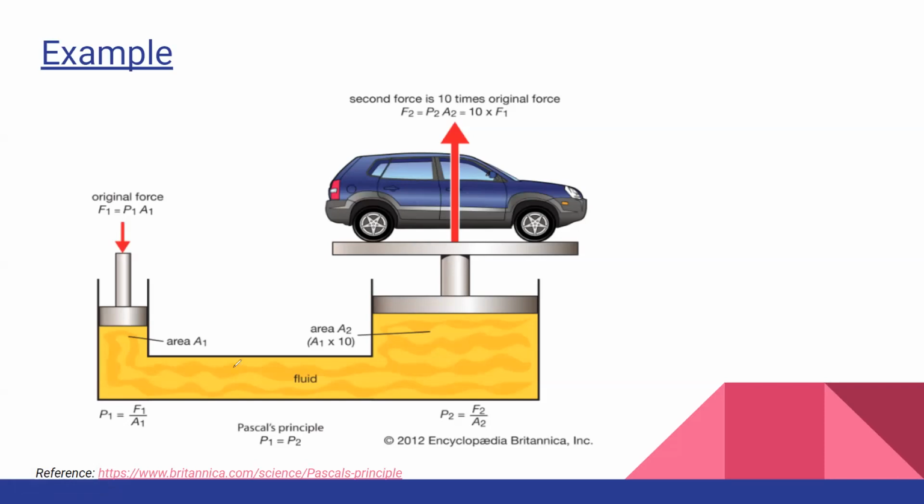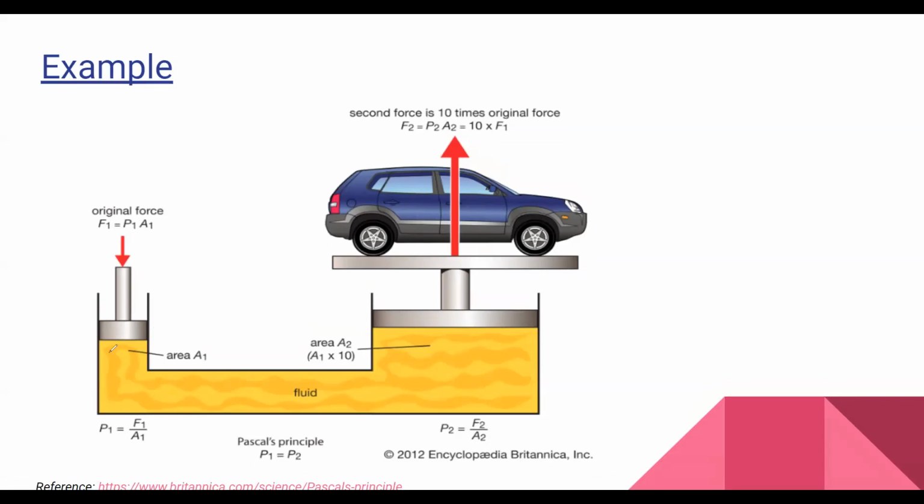By Pascal's principle, these two pressures have to be the same because any additional pressure created by F1, this P1, has to be distributed evenly, so P2 will be the exact same. Thus, this gives a relationship between the amount of force exerted by each end of a piston and the areas of the piston surfaces.